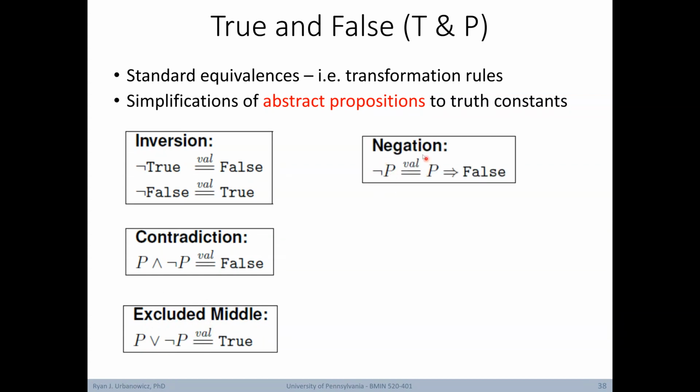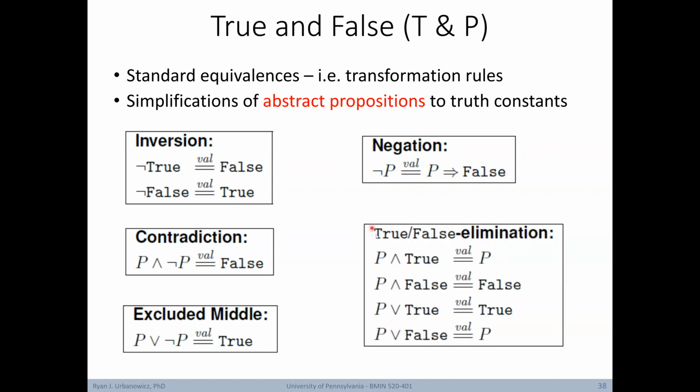Negation of P is always equivalent to if P, then false. And here are some equivalences for true-false elimination. P and true is always equivalent to P. P and false is always equivalent to false. P or true is always equivalent to true. And P or false is always equivalent to P. Take some time to make sure these make sense to you.